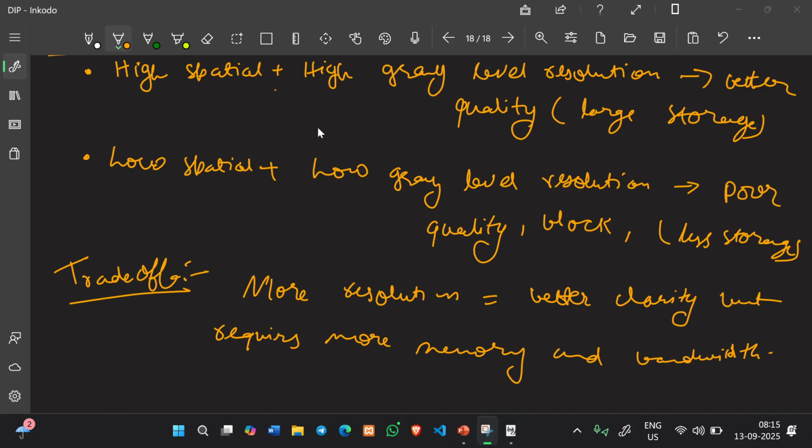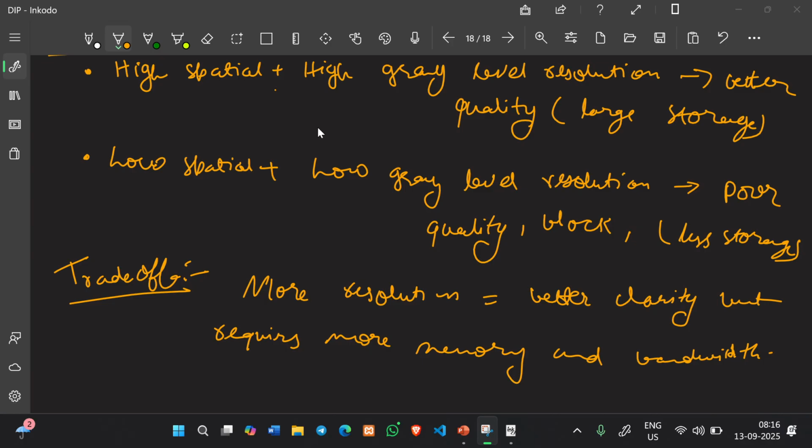So I think this is clear. The key point is that spatial resolution means how many pixels are there, and gray level resolution means how many shades or brightness levels are there in your image. Let's understand the key takeaways from today's video. First, spatial resolution controls the details in space, which is your sharpness. Gray level resolution controls the details in intensity, which is your contrast and smoothness.